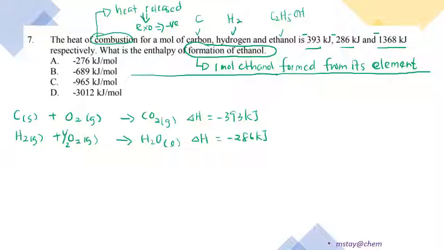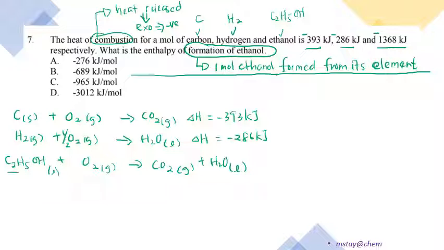Next one is the enthalpy of combustion of ethanol. The formula of ethanol is C2H5OH, and then burn in excess oxygen, going to produce carbon dioxide gas and water. So this equation is not balanced yet.